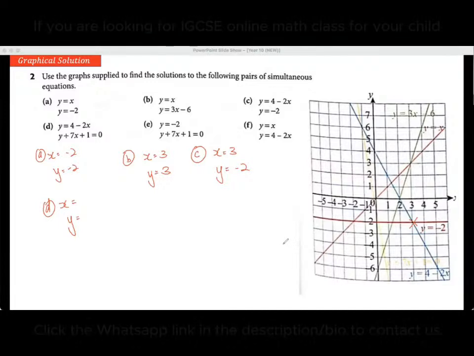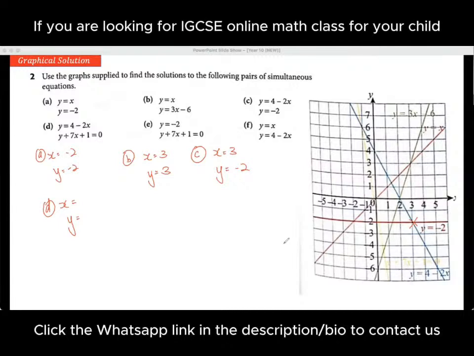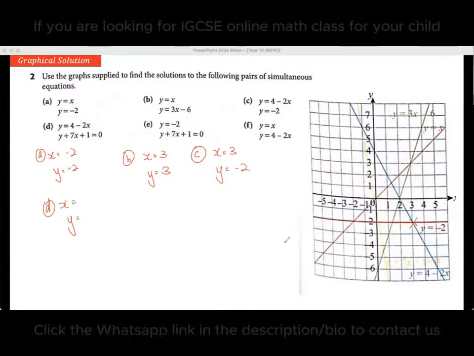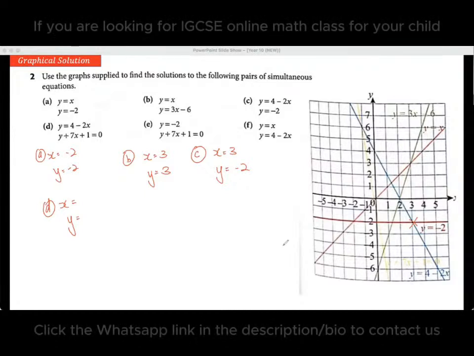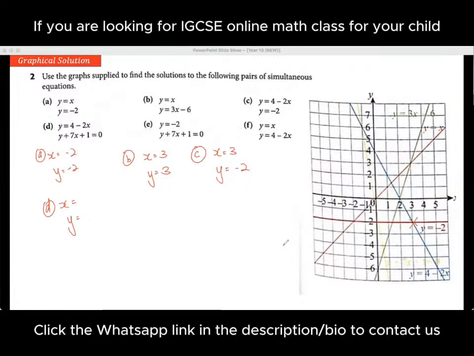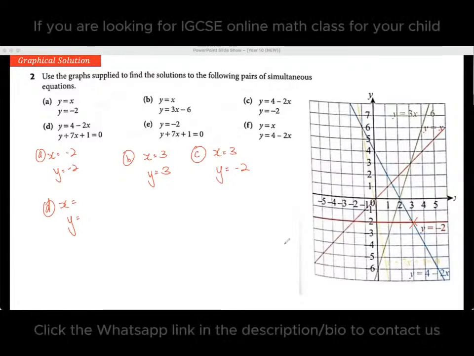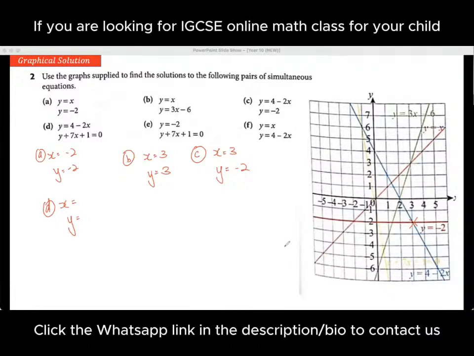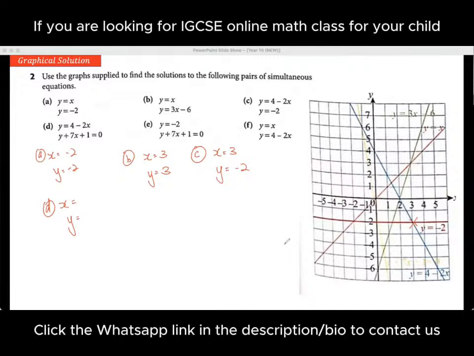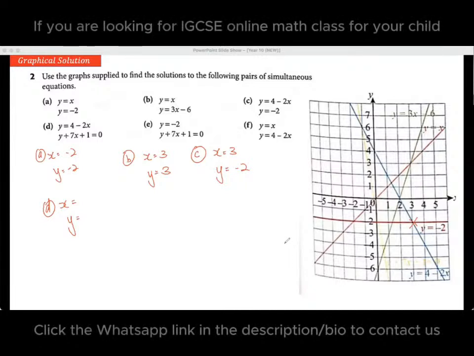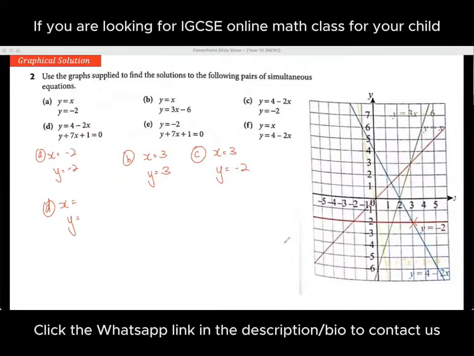What is the x and what is the y? x is -1 and y is 6.